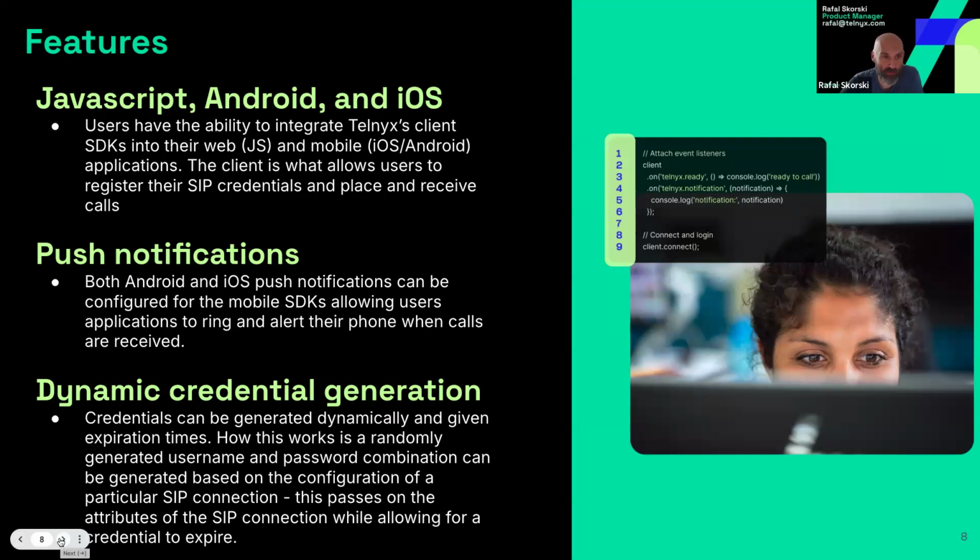We've got push notifications support for Android and iOS, dynamic credential generation. We've got as well ability to exchange the client state from backend using custom headers from client to the mobile applications. And yeah, token-based authentication is another one.